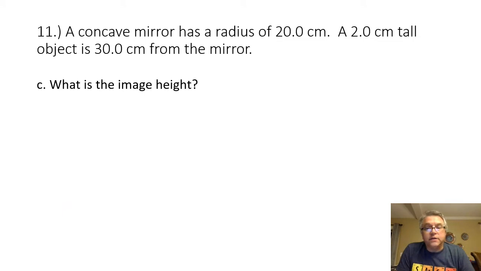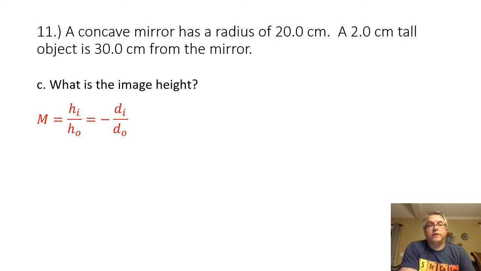Part C asks, what is the image height? So to find the image height, I know that I'm going to need to know what the magnification is. I know the magnification is equal to the image height divided by the object height, which is also equal to the negative of the image distance divided by the object distance.